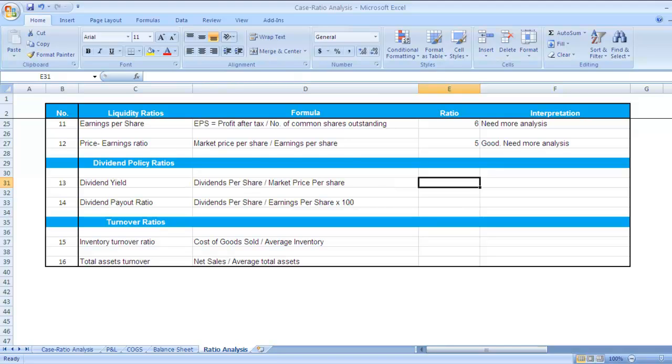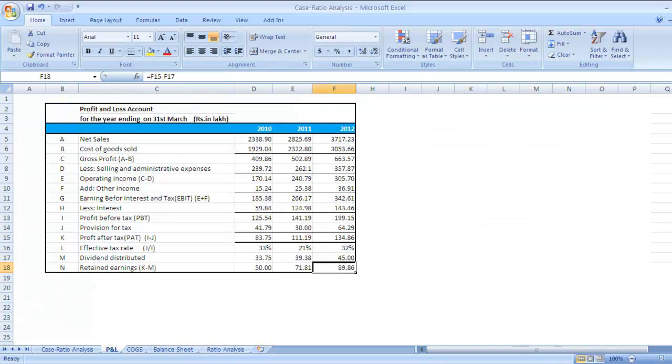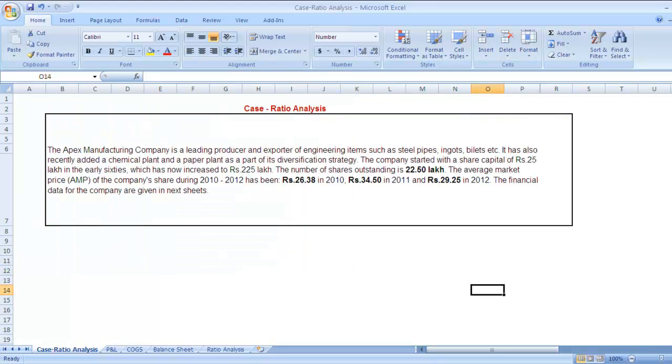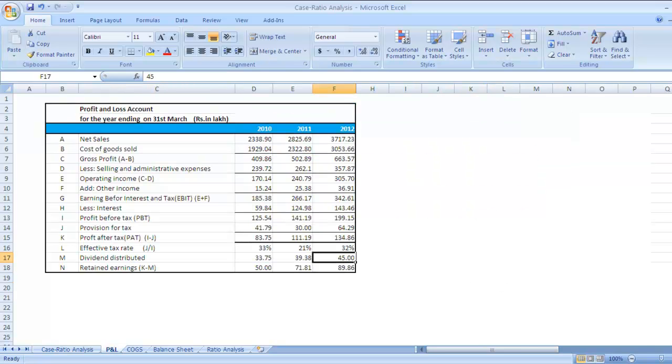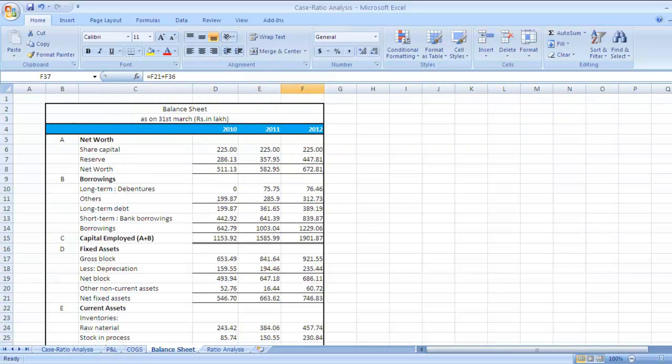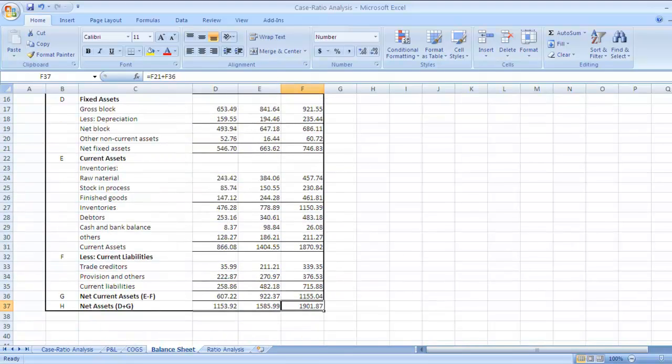So dividend per share. Where do we find dividend per share? Let's go to P&L and check whether it's given there. Yes, dividend distributed is 45. Let's check whether dividend is given anywhere apart from P&L.